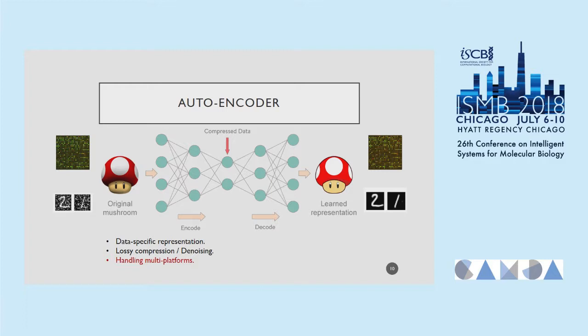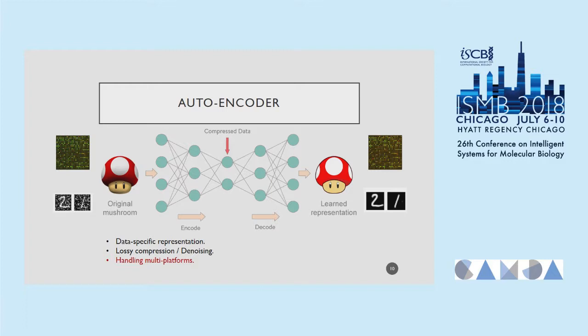So that means we can compress data from the high dimension to a low dimension for feature reduction use. And then for the decoding part, the bottleneck will decode it to the original data. Here is the mushroom.